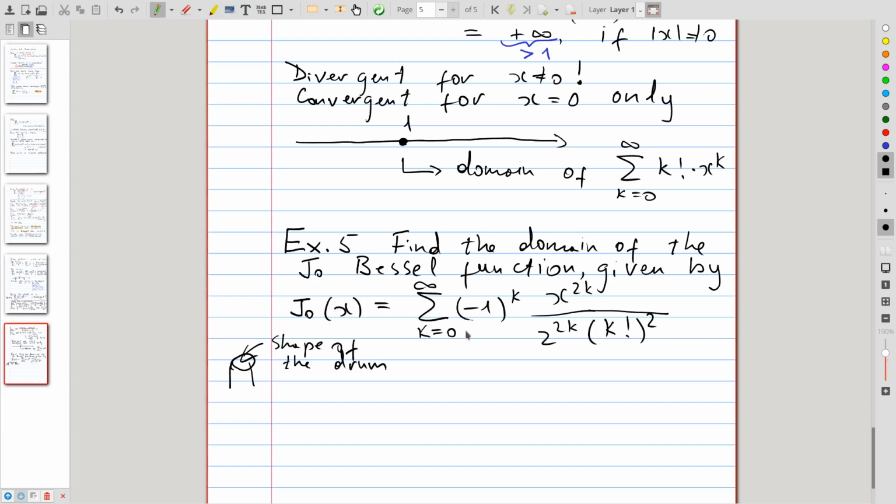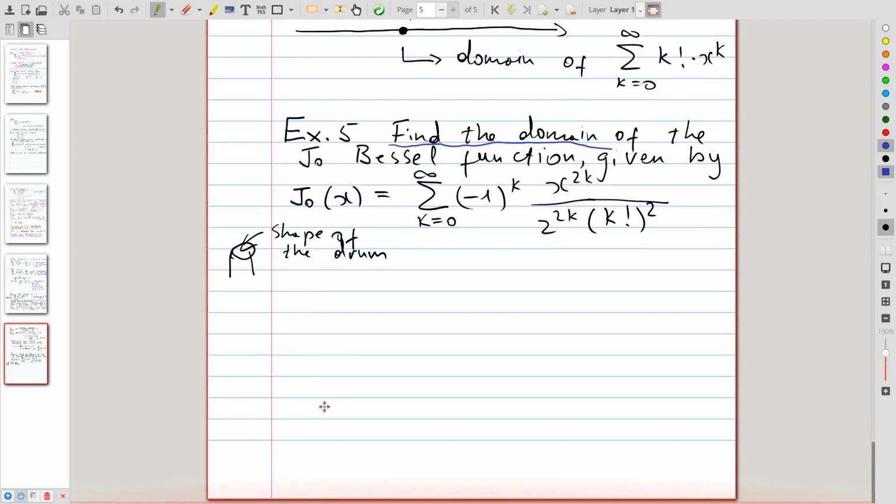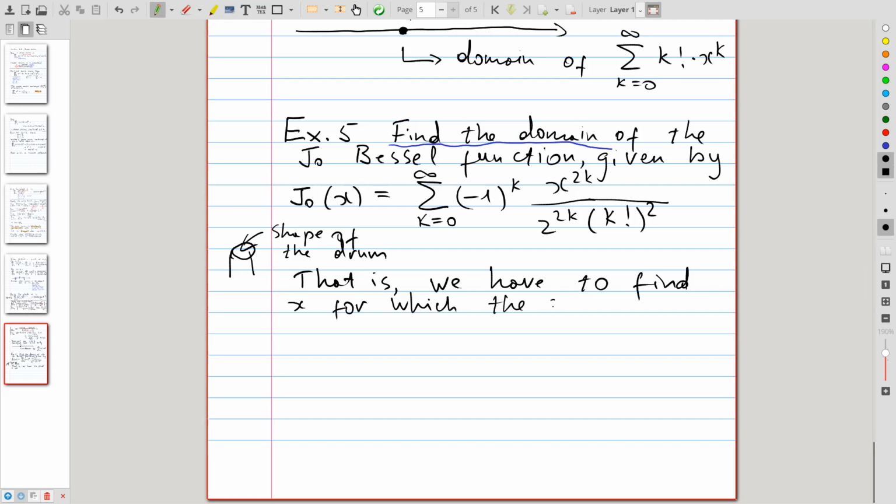And since this function is given by a series, finding its domain just means that we want to determine x's for which this series will converge. So that is, we have to find x's for which the series of J0 converges.